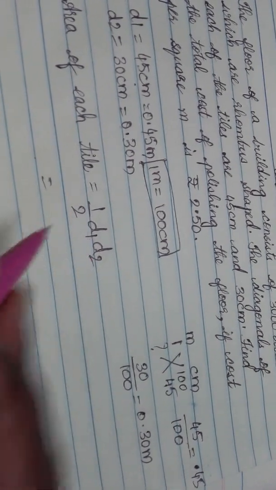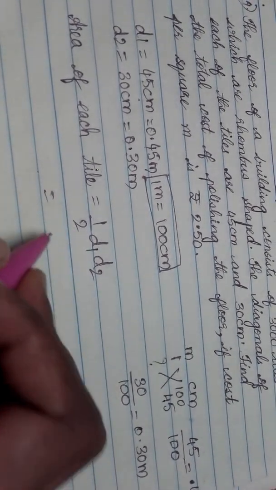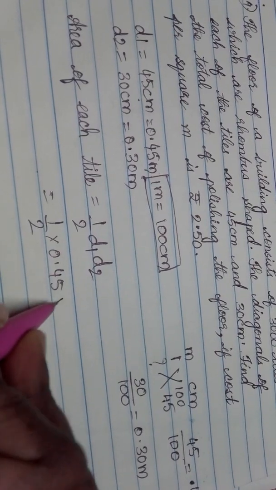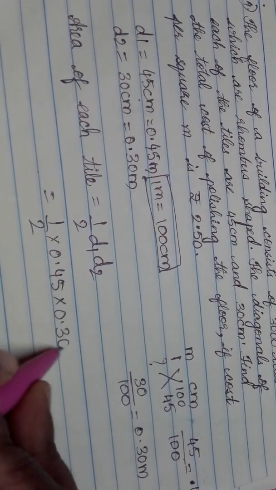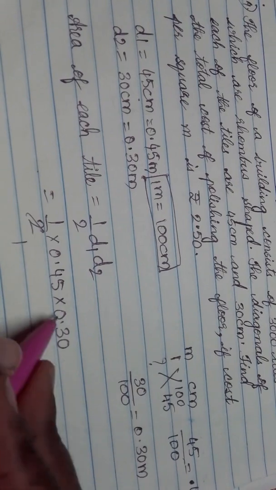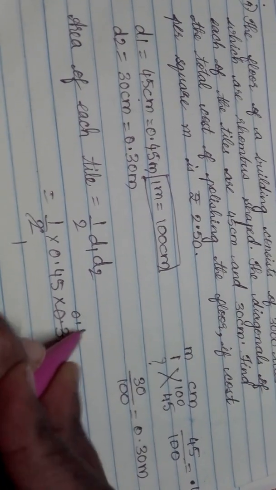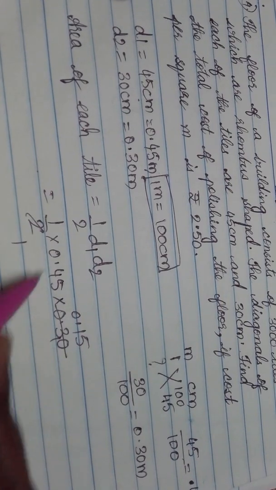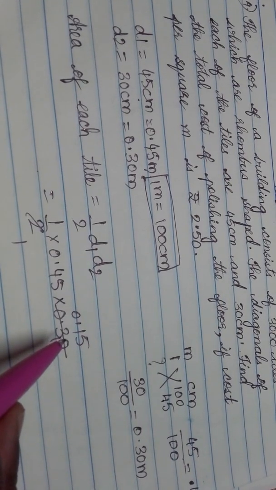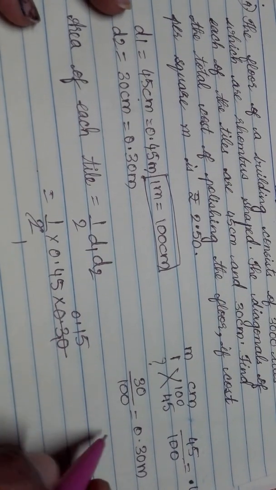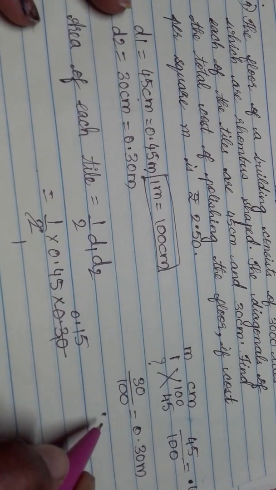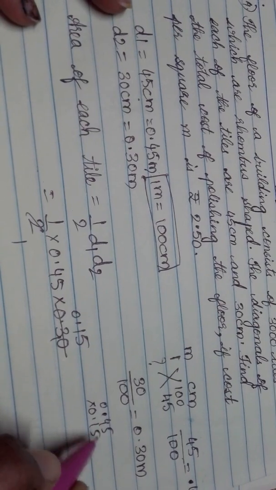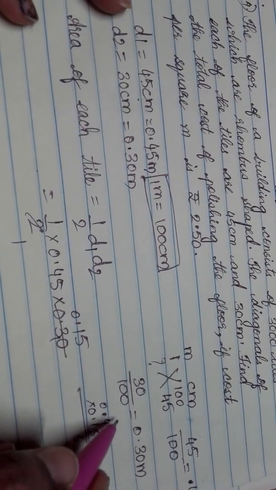So this is equal to half into d1, which is 0.45, into d2, which is 0.30. Let's cancel. 2 ones are 2, 1 is the remainder. 2 fives are 10. Now let us multiply this. So it is 0.45 into 0.15.